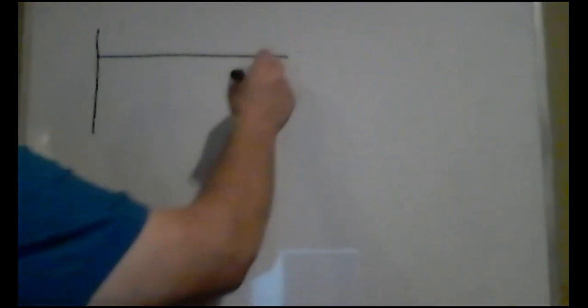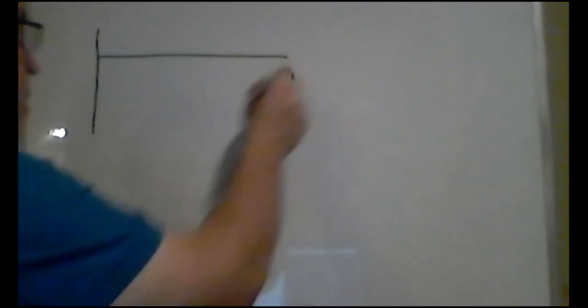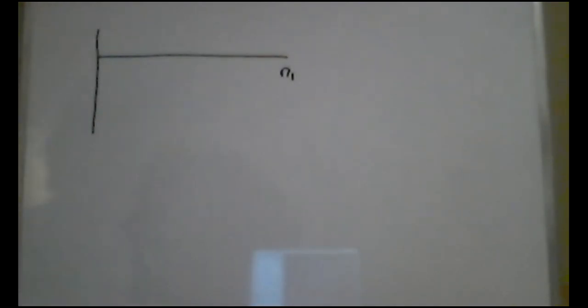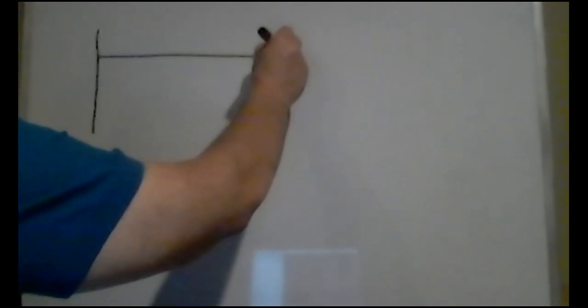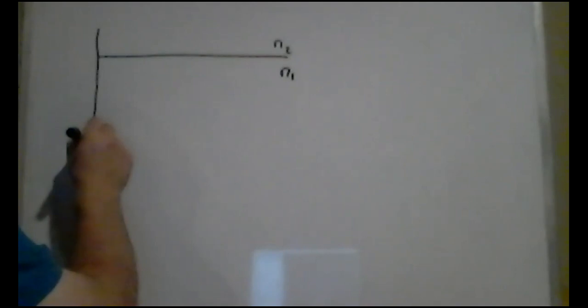The important thing to consider here is that I'm going to say I have N1 inside my medium, and over here is N2. Now let's imagine that I have a light source right down here. Here's a light source.